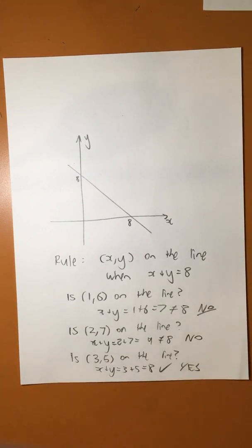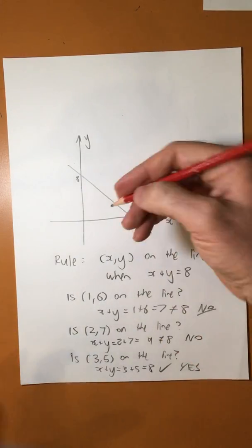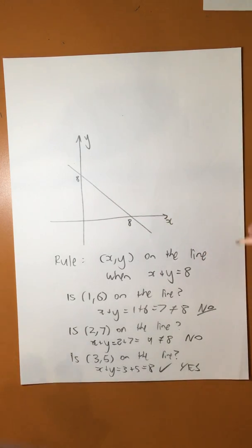Okay, so I could do that forever and just slowly cross out ones that aren't on the line and colour in ones that are on the line, and then eventually I'd find where the line is. On the other hand, I could just tell you what all the points on the line are.